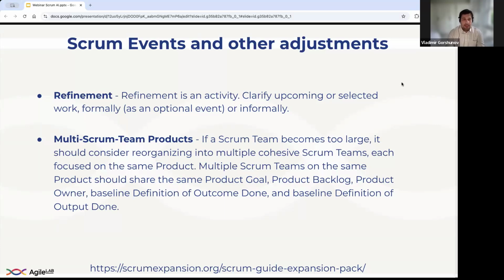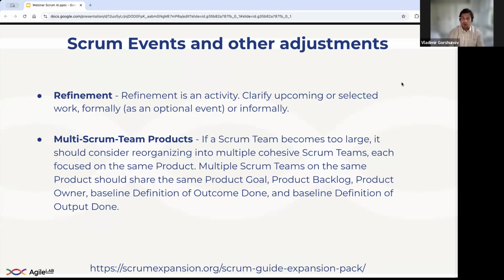The other thing is multi-Scrum team products. The Scrum Guide itself does not refer to the Scrum of Scrums concept, but here we're talking about these Scrum of Scrums activities, where we need to have multiple teams involved under the same product goals, product backlog, product owner, baseline definition of done for outcome, and baseline definition of output.